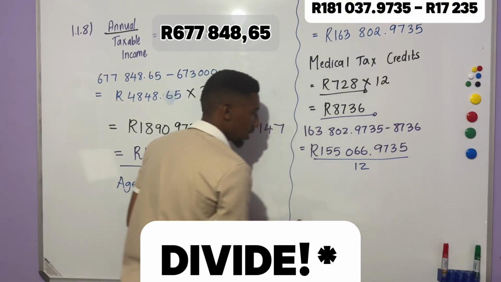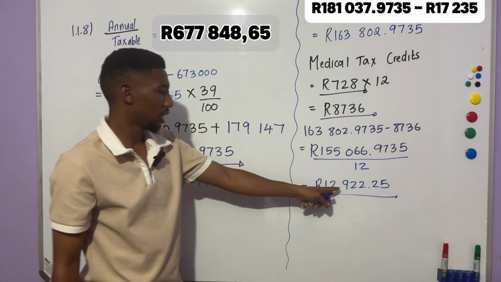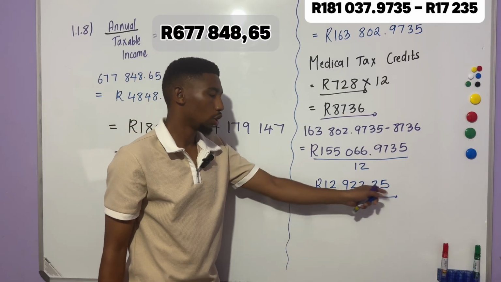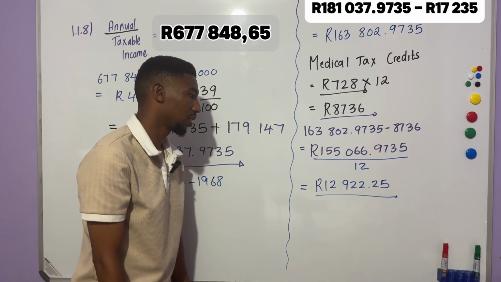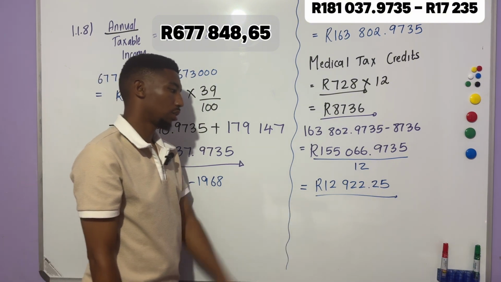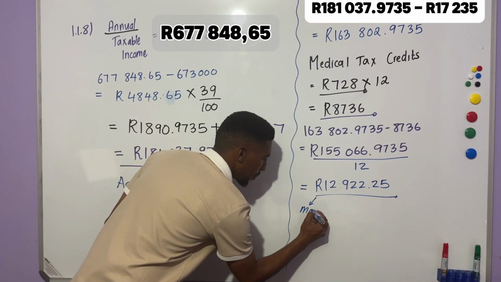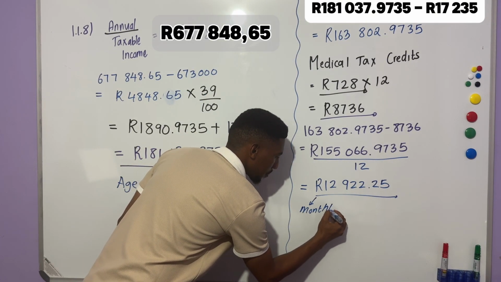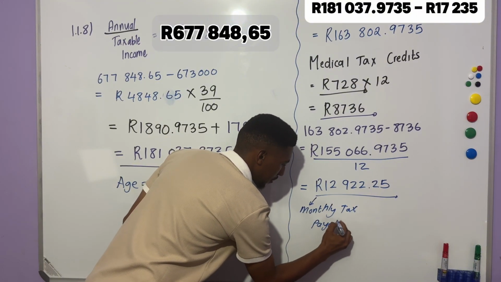We're going to divide that by 12 and we get an answer of 12,922 Rand 25. So yes, it is above 12,000 Rand a month, not below 12,000 Rand. So this answer that we just got is the monthly tax payable.